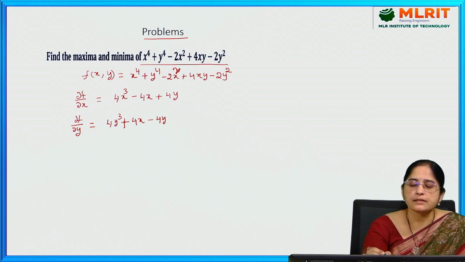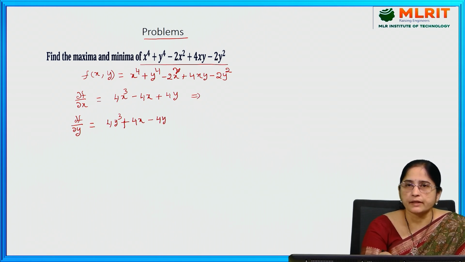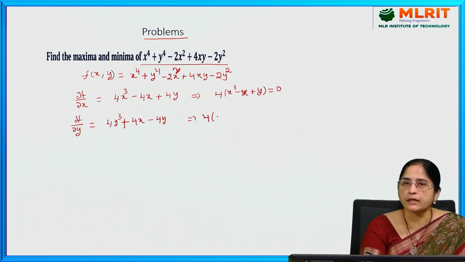Next thing is we have to equate to 0. Each and every term contains 4, so 4 is common. We are getting 4 into x cube minus x plus y equal to 0. Here also the same, 4 is common: y cube plus x minus y equal to 0.